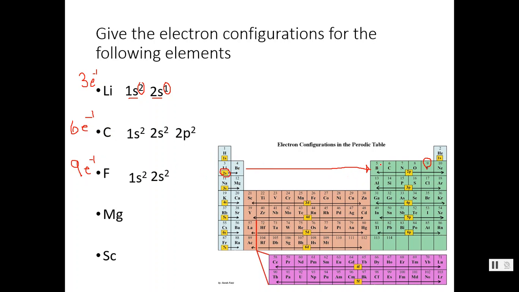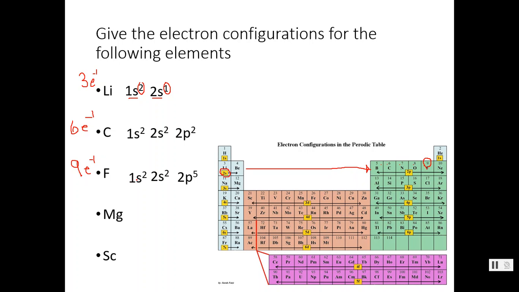I need to place 1, 2, 3, 4, 5 electrons in the 2p's. I stop because I am now at fluorine, which is what I wanted. And I double check to make sure I have given 9 electrons a home: 5 plus 2 plus 2 gives me 9. So that is the electron configuration for fluorine.